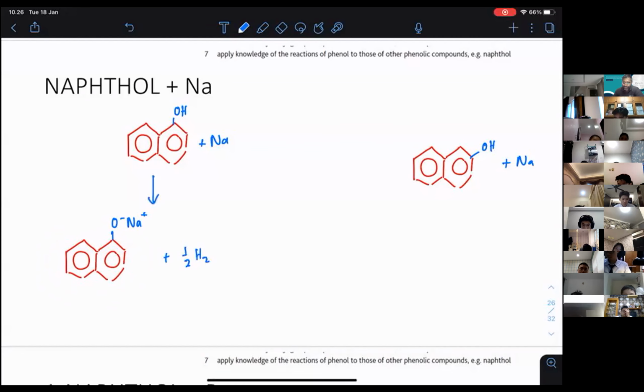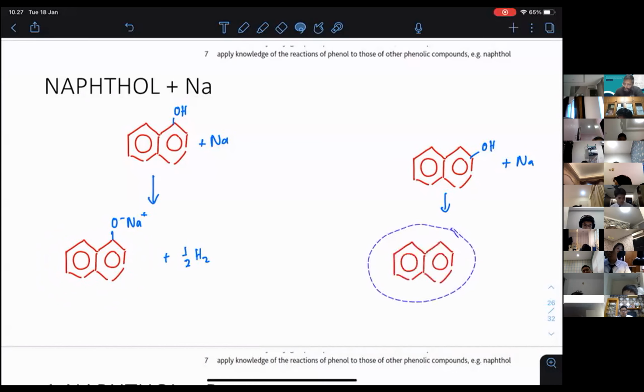The reaction will be vigorous. This one, I'll put the O minus and Na plus, and then half H2. The same thing that we have learned.